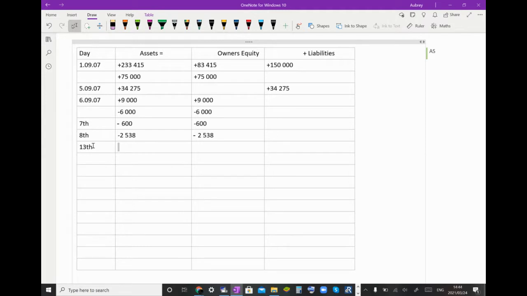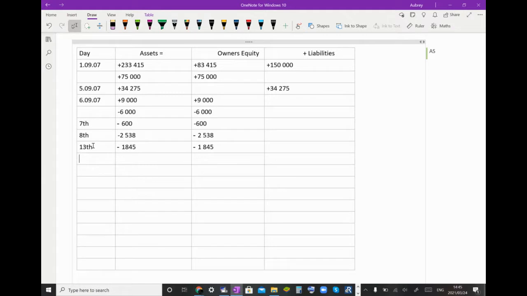So bank is decreasing our assets, 1,845. This is an expense, so it's decreasing our owner's equity, 1,845. Then we go on to the 16th.